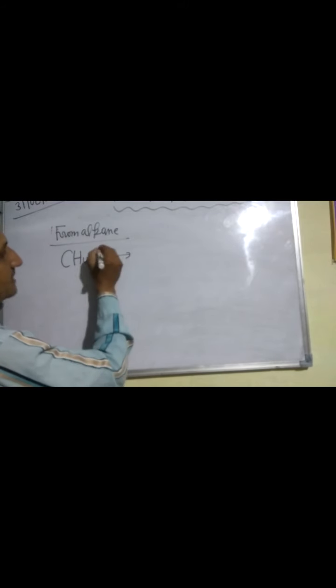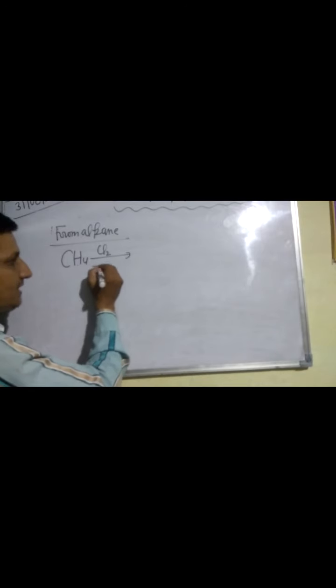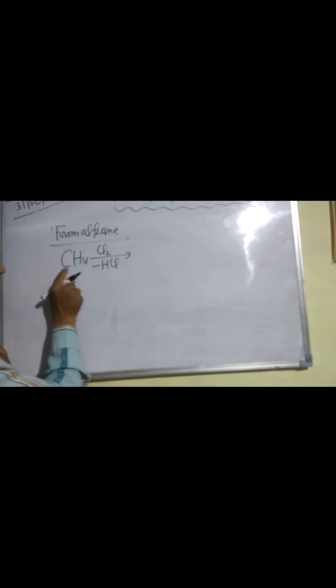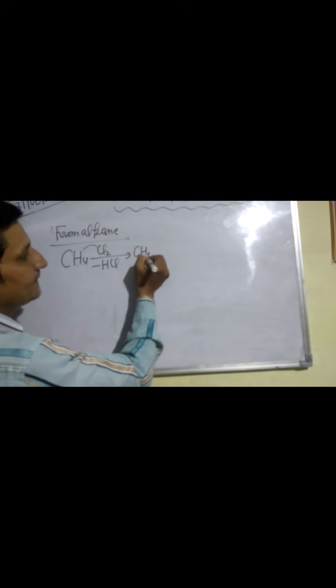So look here, this is methane, CH4, reacting with Cl2. H and Cl combine to form HCl. One H is removed, then we get CH3, and one Cl attached here, we get CH3Cl.